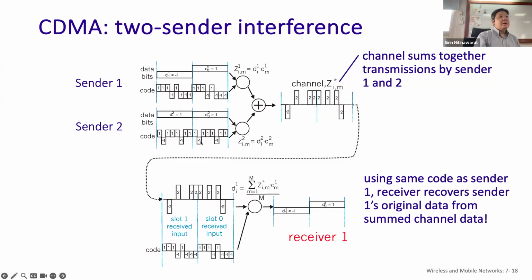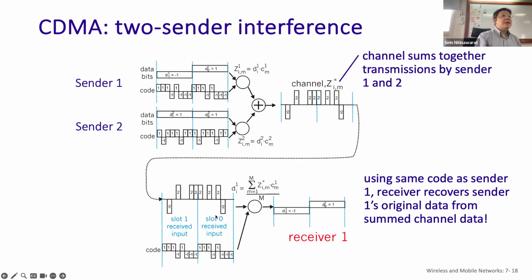It will use this one instead. And you can verify by simple calculation that you will also get back 1, 1, which were the original bits encoded by the second sender.